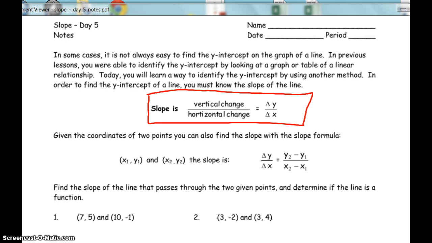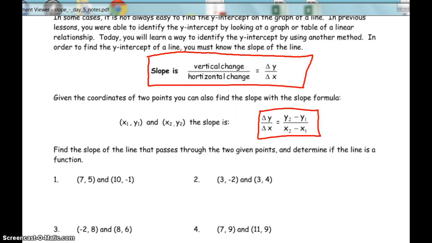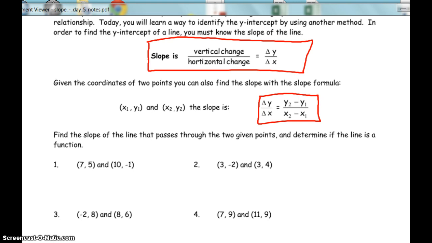When we are given the two coordinates of two points, you can find the slope with the slope formula, which is we determine our points, label them x1, y1, x2, y2, and use the change in y over the change in x, or y2 minus y1 divided by x2 minus x1. All of these are important information. If you're going to write them down or create your own little foldable for them, just pause the video or locate your notes from day 4.